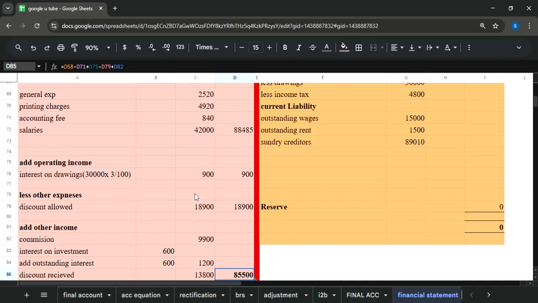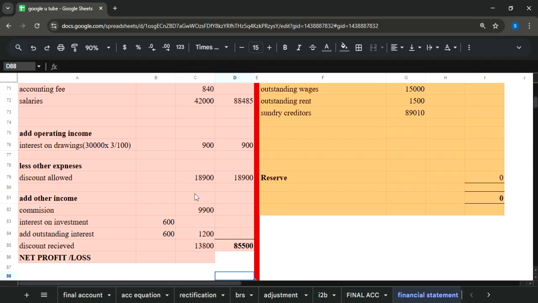The next step is to calculate other income, and you need one more place. Here you will calculate your total other income. You may take the sum: 13,000, 1,200 and 1,900.